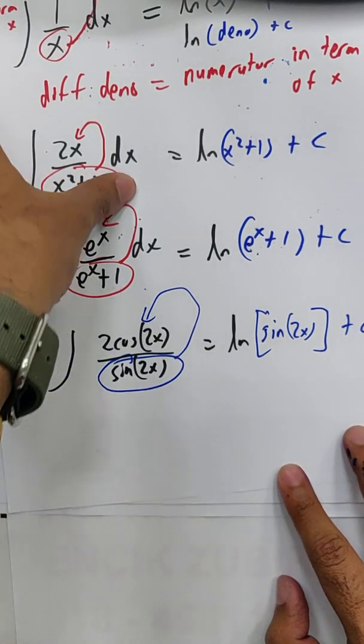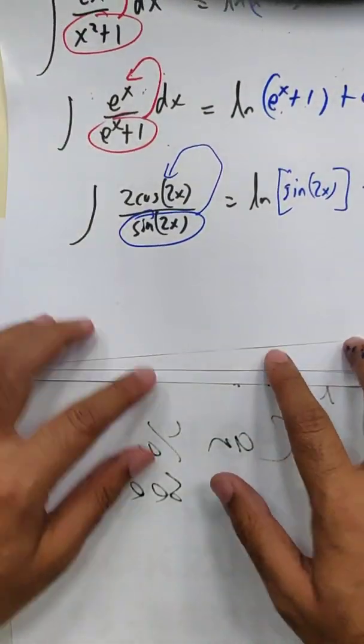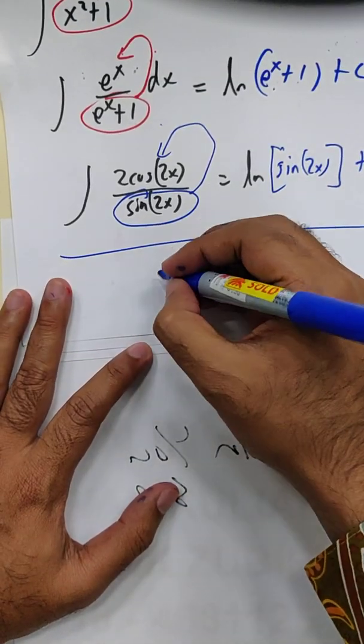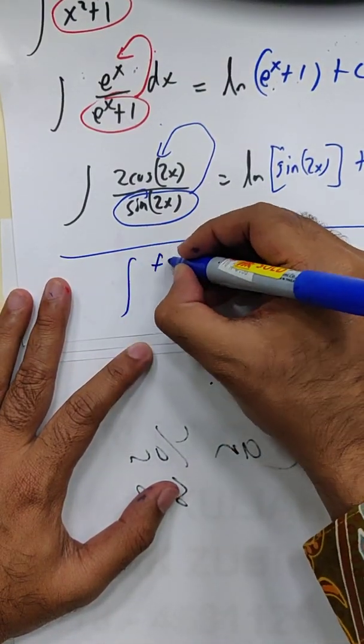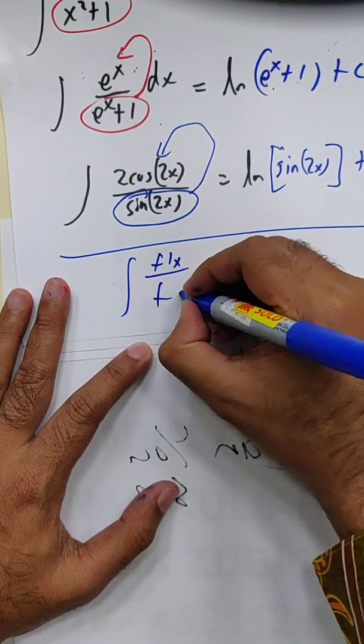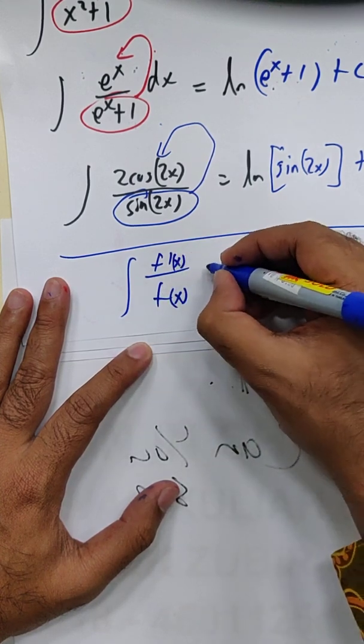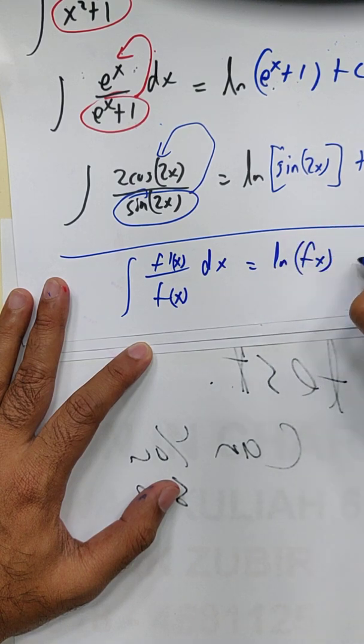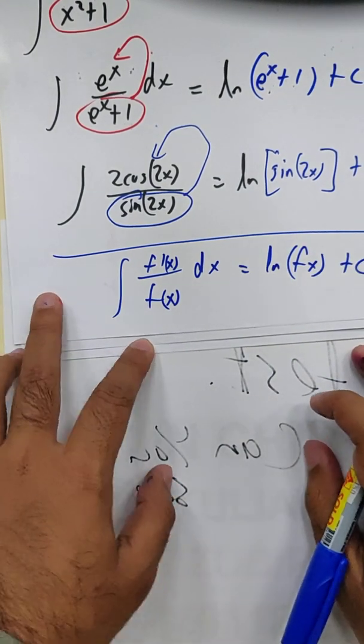Okay, the formal definition will be f prime x over f x, ln f x plus c. That will be the formal definition.